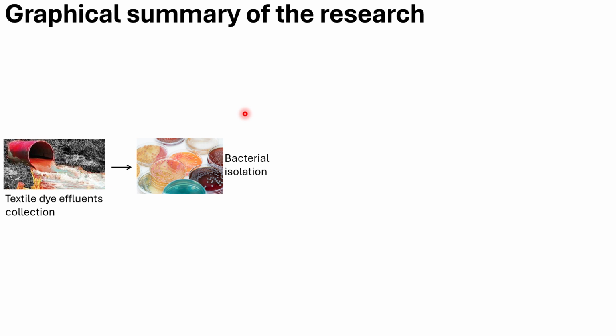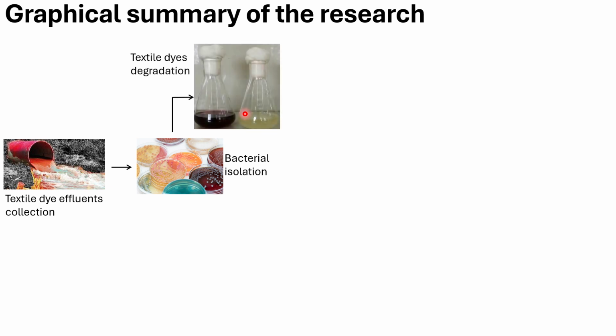They collected bacteria from these samples, and then they inoculated these bacteria into the textile dyes that were crude, or commercial dyes, not the disposed ones, to check whether these bacteria are useful to degrade this sort of dye mixture or not.